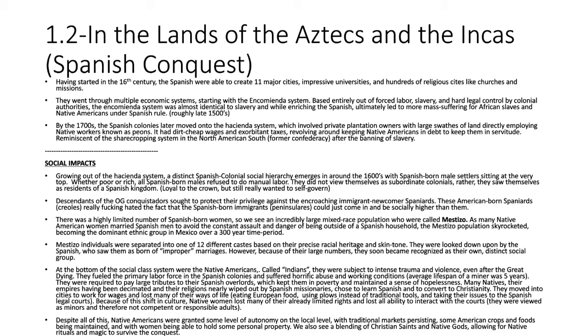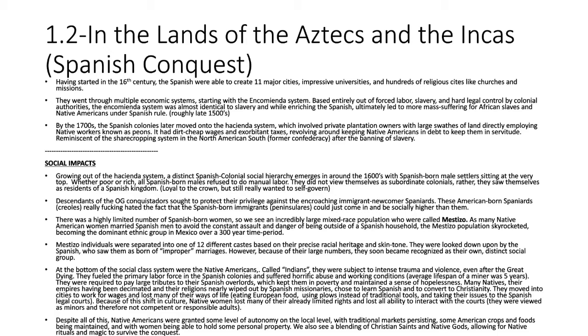So we're moving on to the social impact section. Due to the hacienda system, we see a distinct Spanish colonial social hierarchy emerge in around the 1600s. The very top, I'm sure we all would guess this, Spanish-born male settlers sat at the top.